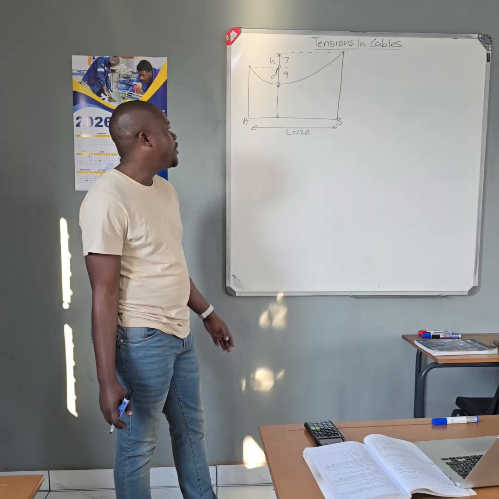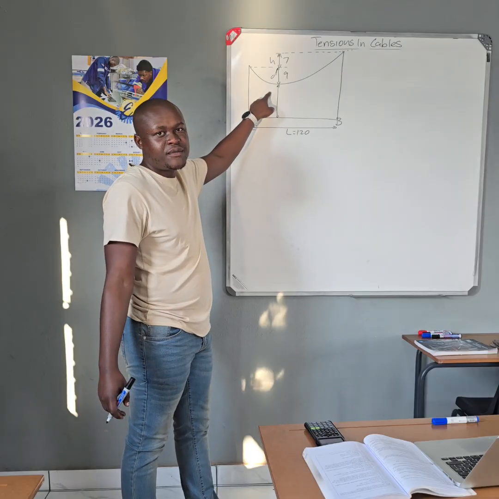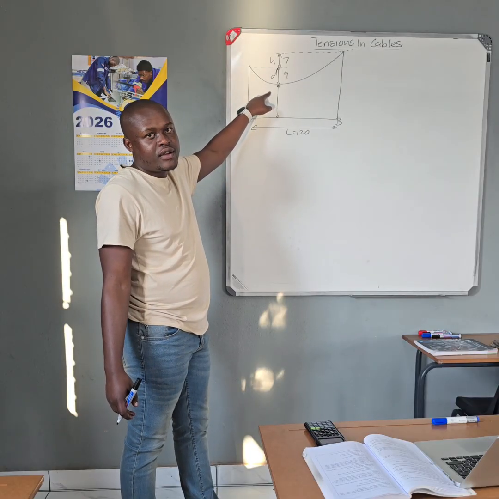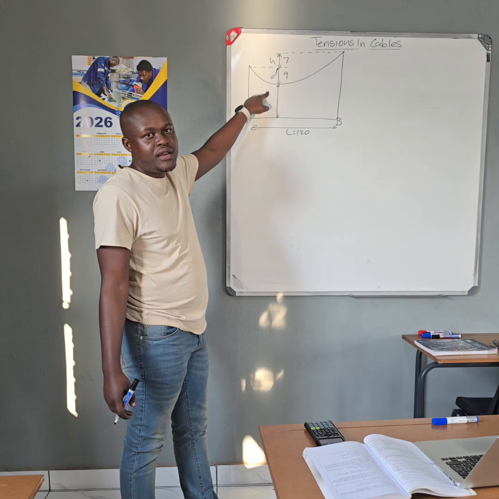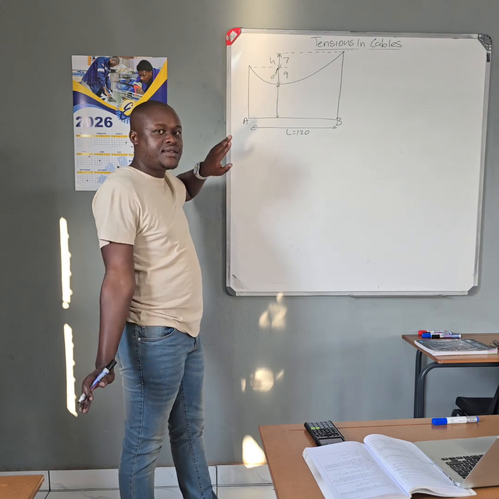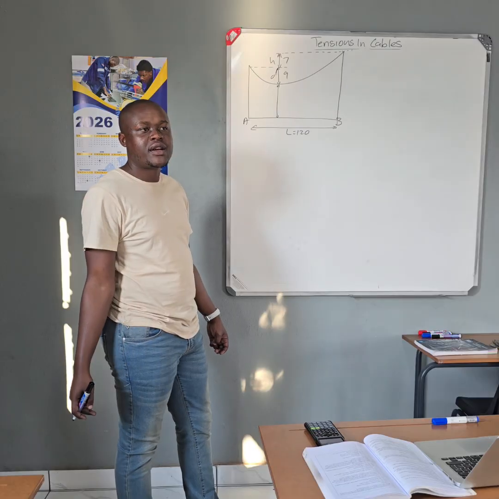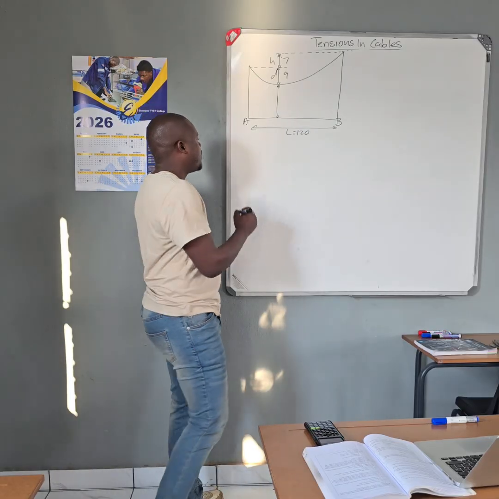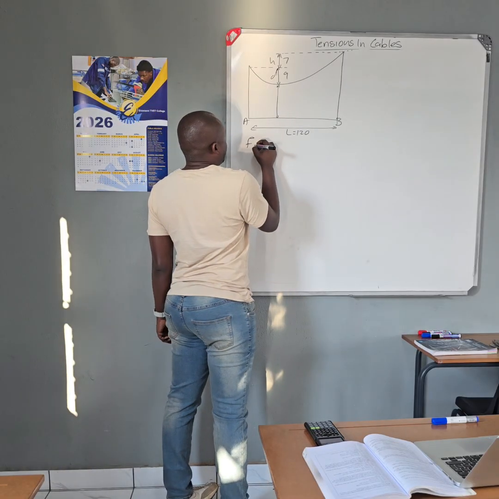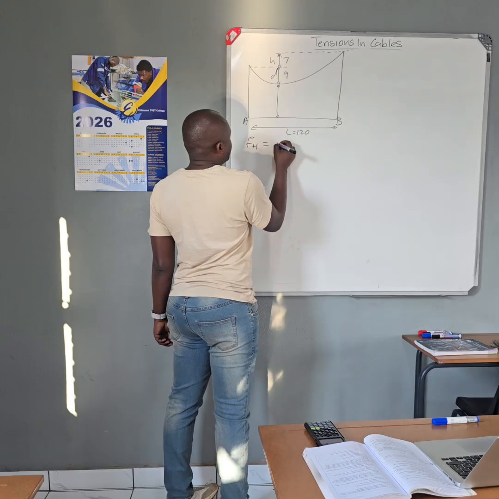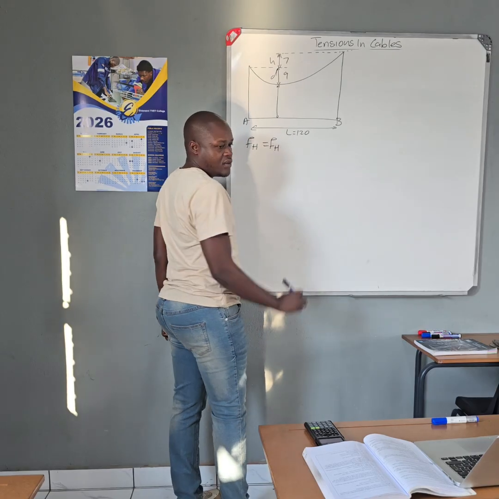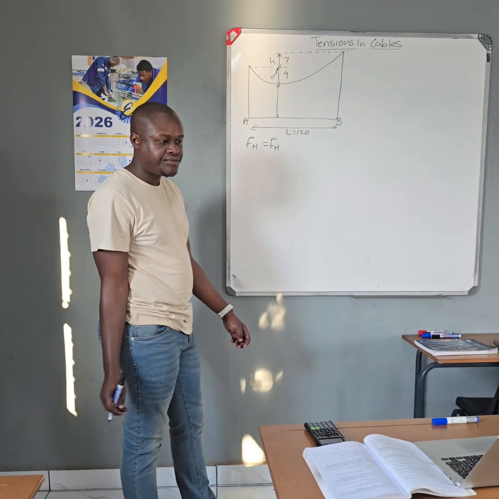So what do we know? We know what's in the main table. In the main table, FH is equal to FH, right? And you have two formulas of calculating FH. So meaning that you can say FH is going to be equal to FH.